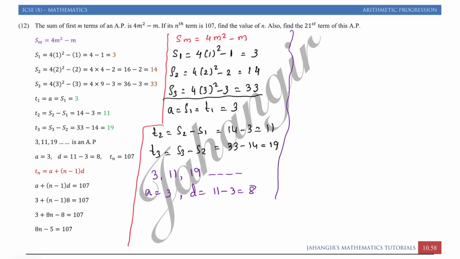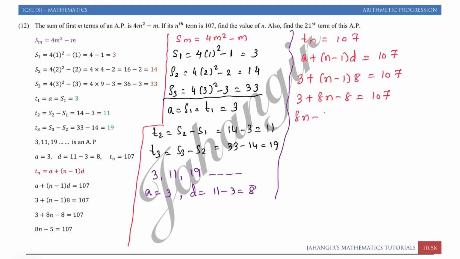Now what we have to find, if the nth term Tn is equal to 107. Tn is A plus n minus 1 into D, equal to 107. So here we can substitute A and D to get n. A is 3 plus n minus 1 into D, which is 8, equal to 107. 3 plus 8n minus 8 is equal to 107.